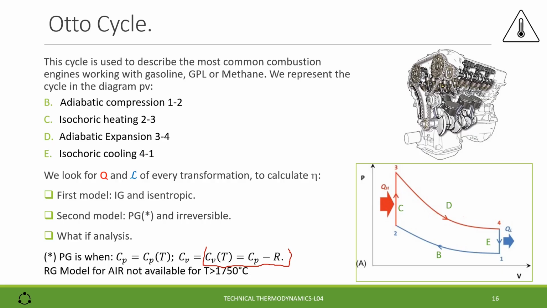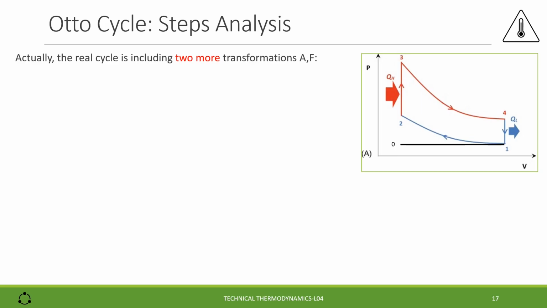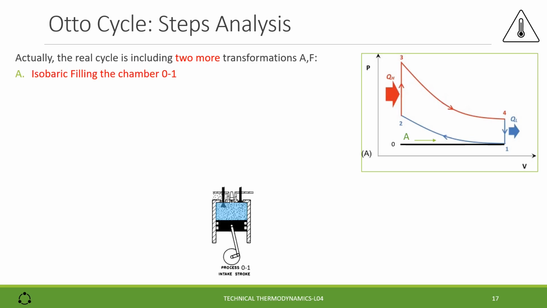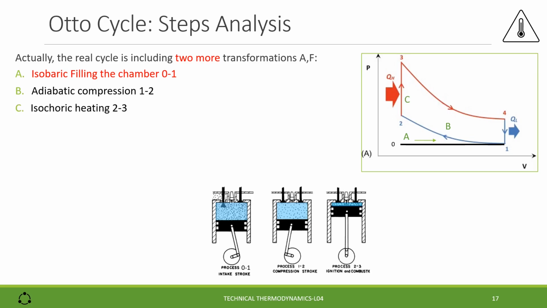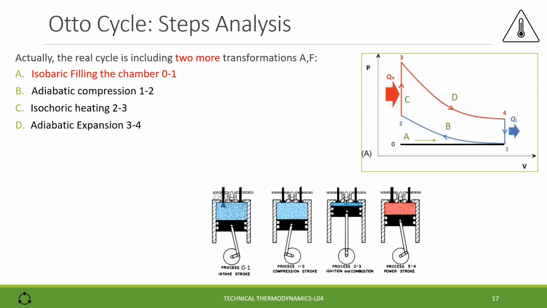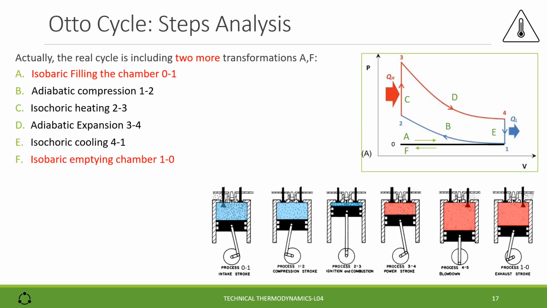In reality, the cycle includes two more transformations, A and F. The transformation A is the isobaric filling of the chamber from point 0 to point 1. Then we have the adiabatic compression, the isochoric heating, the adiabatic expansion, the isochoric cooling, and finally the isobaric emptying of the chamber from 1 to 0.